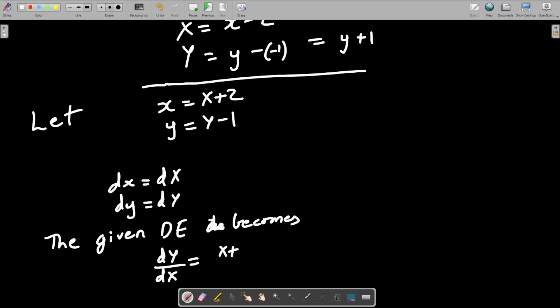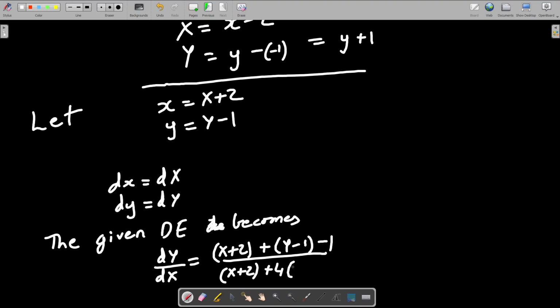What is it? This will become x plus 2 plus y minus 1 minus 1. Even this step you all can skip, because just replace the small alphabet with the capital alphabet. But don't do it directly, because this step will show you whether your calculations are correct or not. So you will purposely do this step even though it can be done directly.